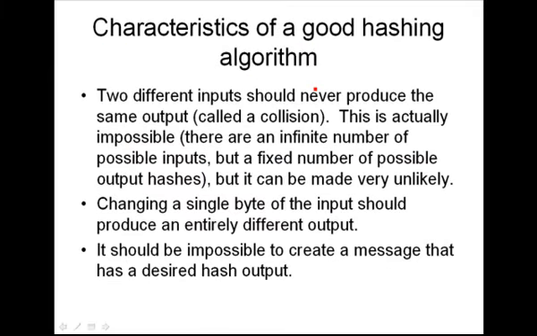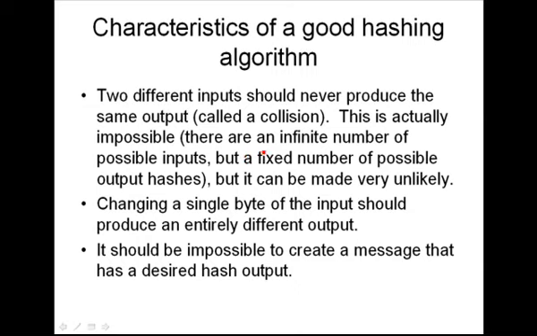Let's look at some characteristics of a good hashing algorithm. One of the characteristics is that two different inputs should never produce the same output. Now, when this happens, this is called a collision. It's actually impossible to guarantee that there will never be a collision.